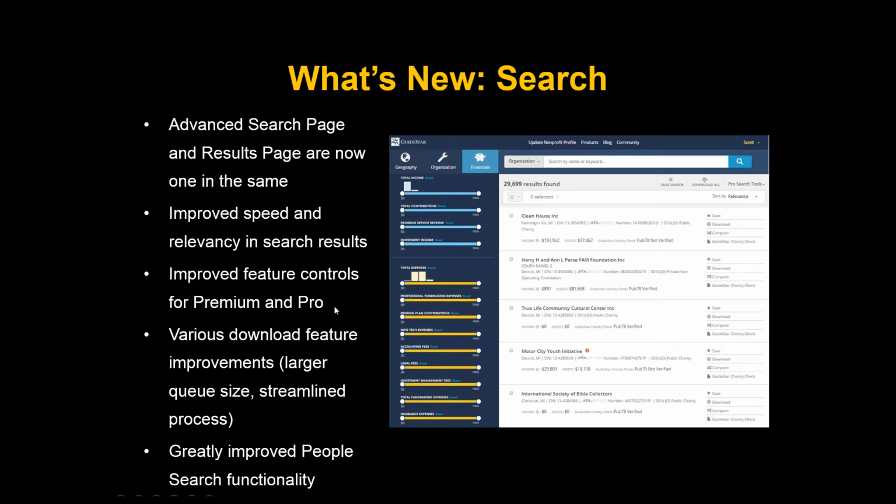We have improved feature controls for premium and pro subscribers, and we'll get into that during the demo. We have various download feature improvements, again for our premium and pro subscribers, that we'll get into as we dig further into the demo. And then we have greatly improved people search functionality. All of these will be demoed.